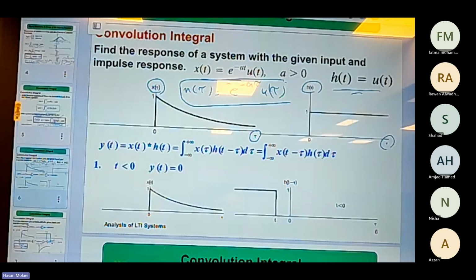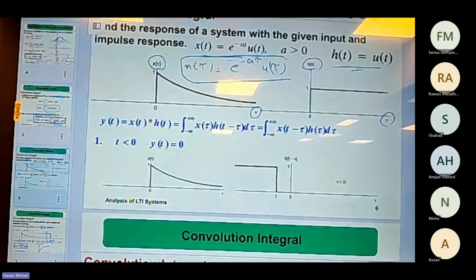If I have h(tau), how should I make h(t minus tau)? You have a function h, and you want h(t minus tau).